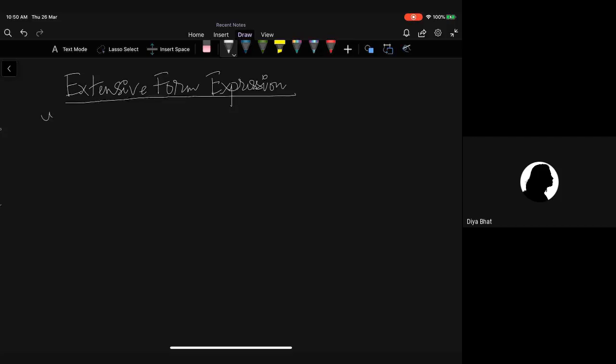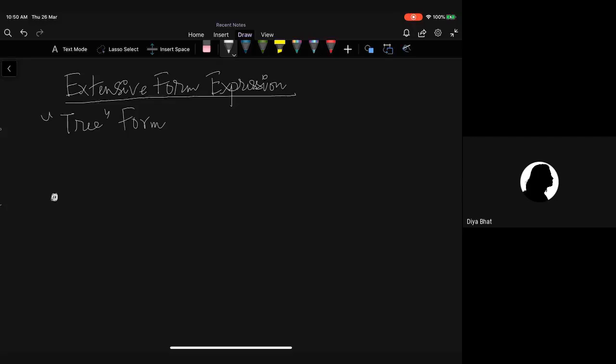This is basically a tree form. What do I mean by tree form? It has nodes and branches or arms. So we'll start with a node. A node will refer to a position of a player where the player gets to move. So we know that first F1 moves.